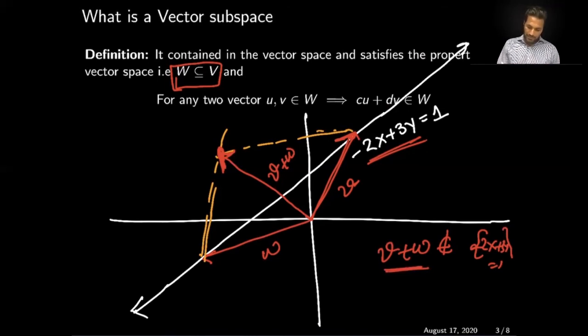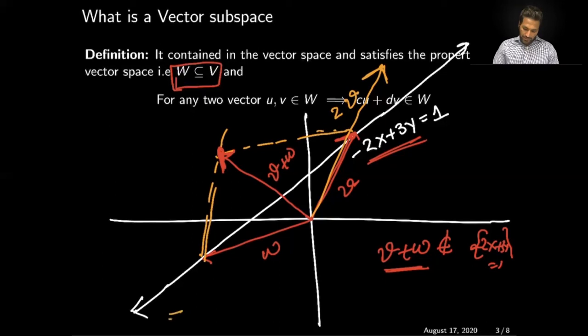And it also does not satisfy scalar multiplication, because if you take this vector v and you rescale it by 2, the head of the vector is going to go off that line. So this is 2v, and the scalar multiplication property also fails. Therefore, this set is not a vector subspace. In fact, any line which does not pass through the origin is not a vector subspace.